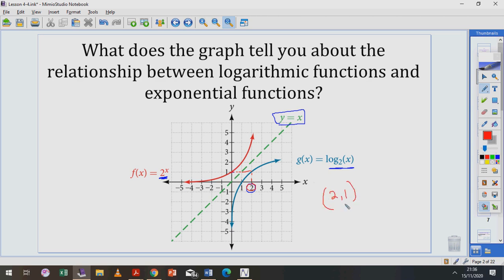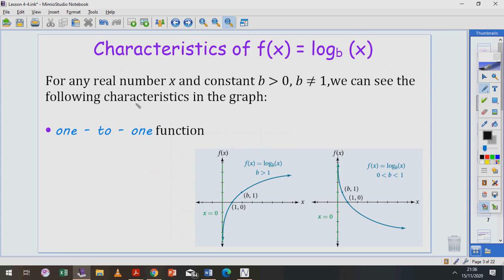The exponential function will be the opposite. For an input of 1, for the exponential function over here, its output will be 2. So since you see that they're flipped, then they're inverses of each other. A logarithmic function is the inverse of an exponential function.